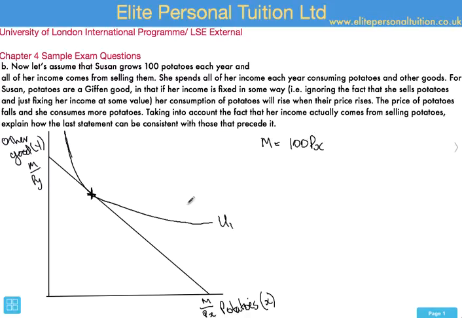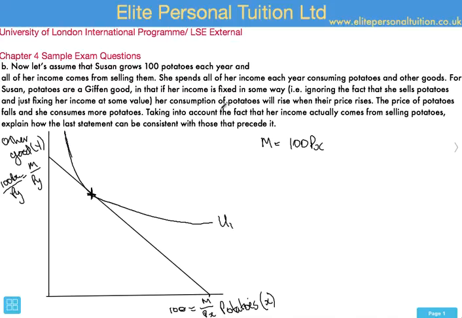So if we sub that into both of these, this one becomes 100 PX over PY, and this one just becomes 100, because the PX's cancel. So this is actually just a constant.